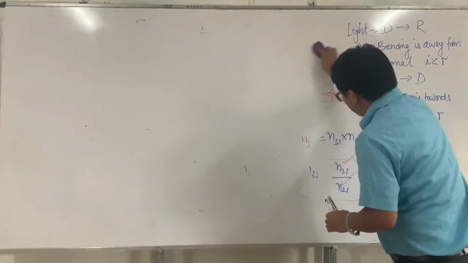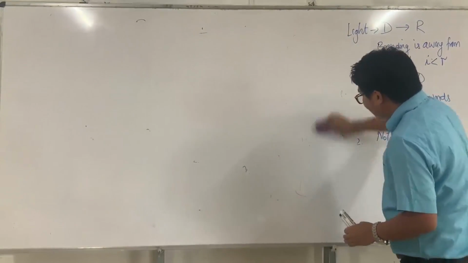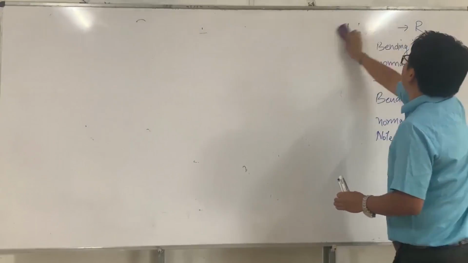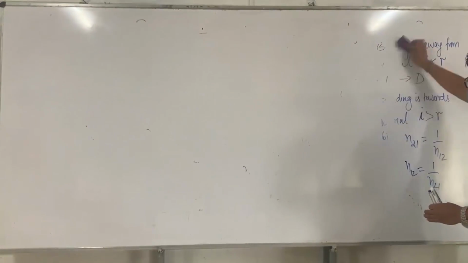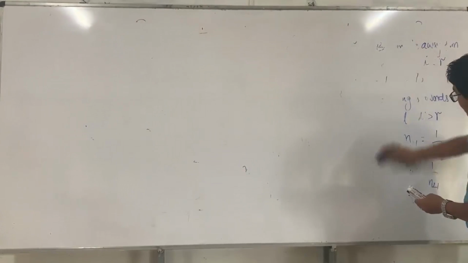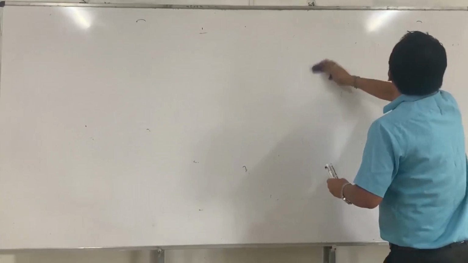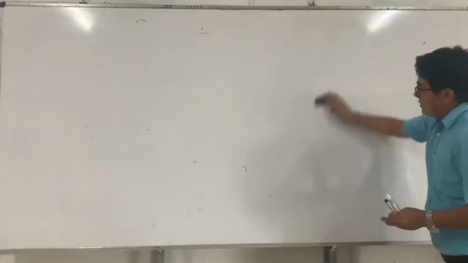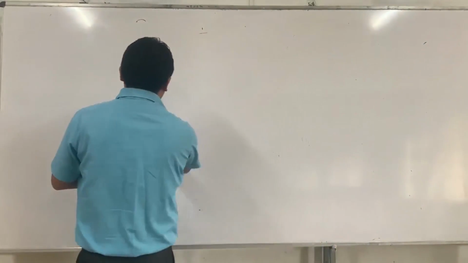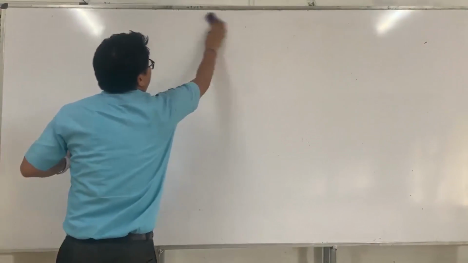We will discuss how refraction takes place through a rectangular glass slab, how refraction takes place through a glass of water, and how refraction takes place through the atmosphere.